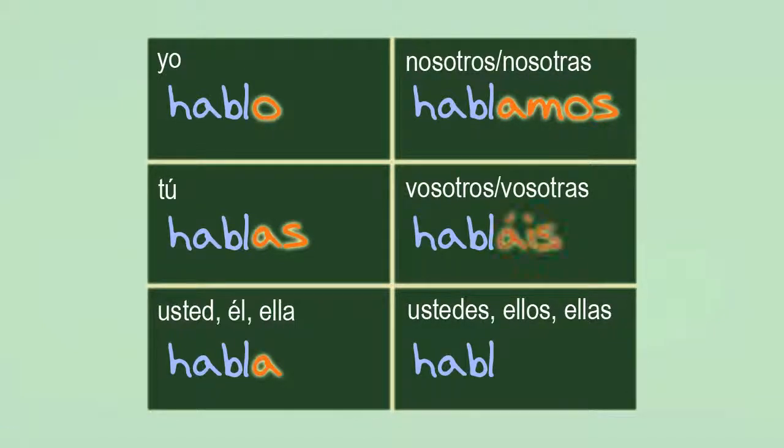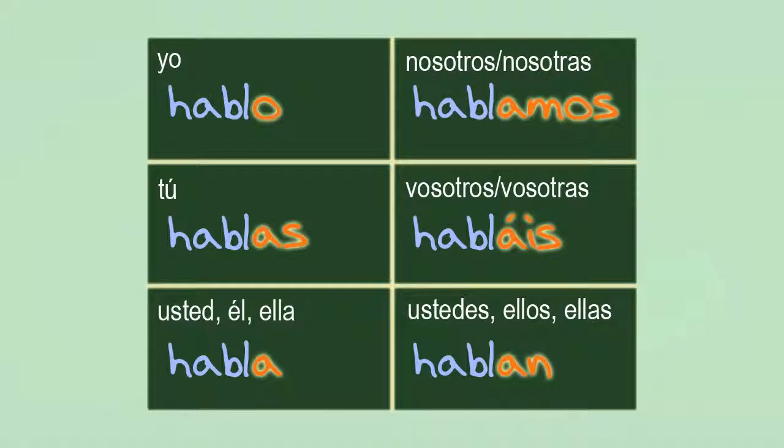Then below that, we have second person plural, which is vosotros or vosotras habláis. And at the bottom, we have ustedes hablan, which also means you all speak. And then of course, ellos and ellas both mean they speak.